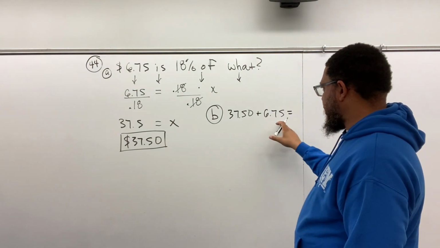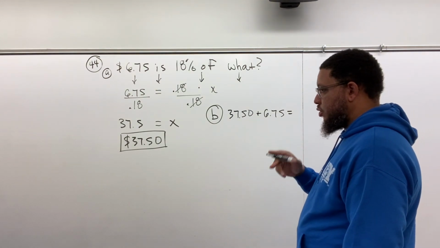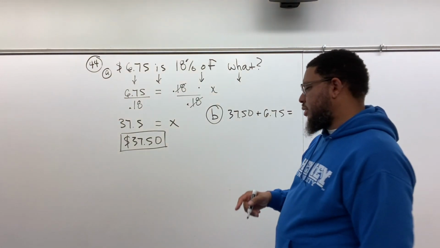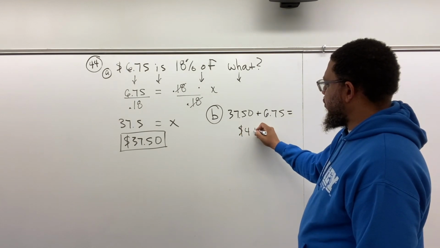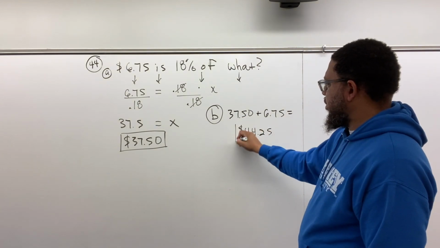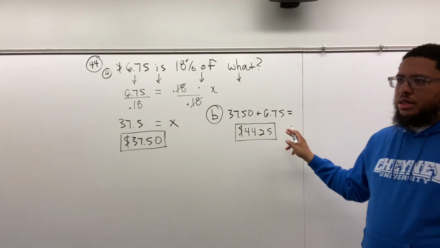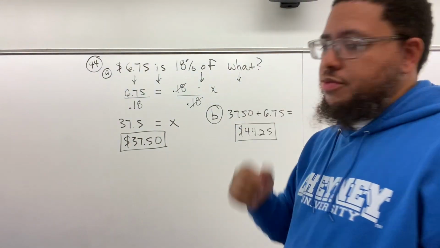And then what's 50 cents plus 75 cents? $1.25. So we talk about $43 plus $1.25 is $44.25. Y'all both got that? Yeah. $44.25.